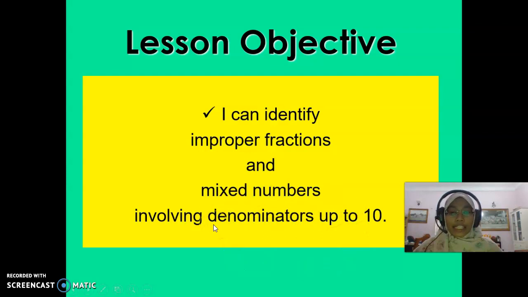Remember, D equal down. So, the number down, the number near the bottom. Okay, the largest denominator number for you to learn in primary 3 is number 10. Okay?